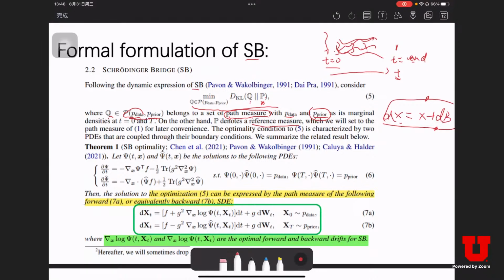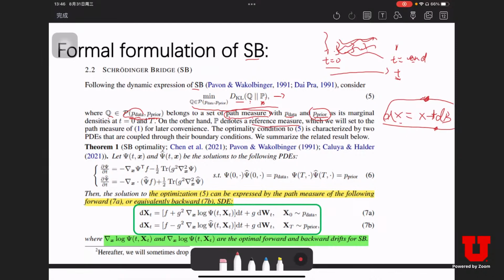And we should minimize the KL divergence of your SDE to the simple reference one, to ensure that the final SDE, which we call the Schrodinger bridge, the result of this optimization, should be as close, as smooth, as simple as possible to the reference one. So that's the story of the Schrodinger bridge, or the formal definition of it.